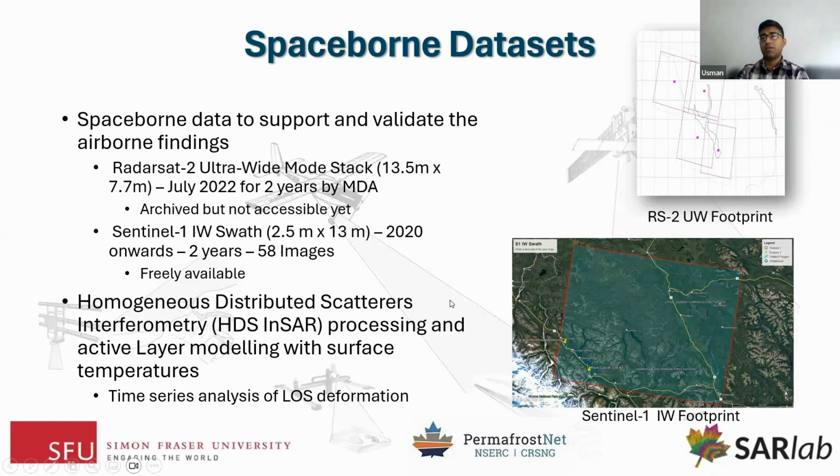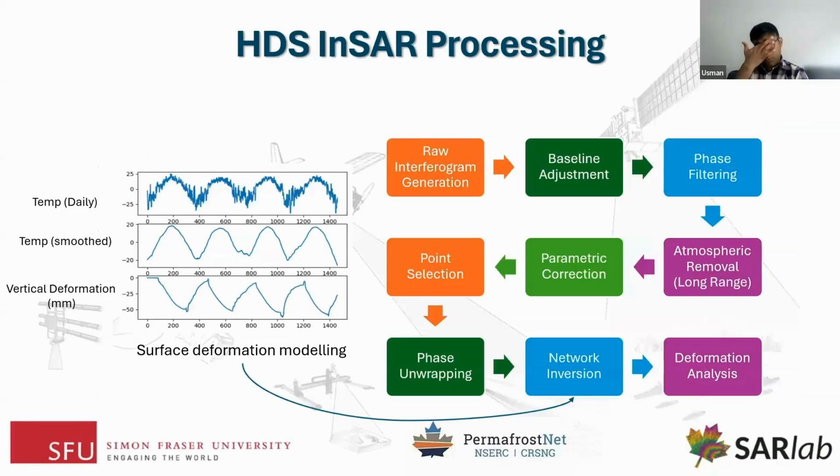It looks at scatterers that are homogeneous over time, like a rock glacier or infrastructure like roads, which would be good homogeneous distributed scatterers in this case. Then we did some time series analysis for the line of sight deformation. I will share some of the results from that research.